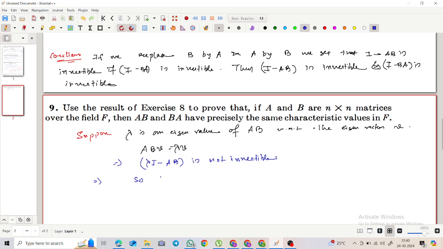So lambda I minus BA is also not invertible, right? Because, okay, maybe we should be writing like this.